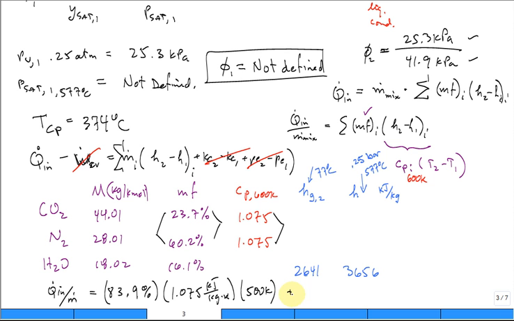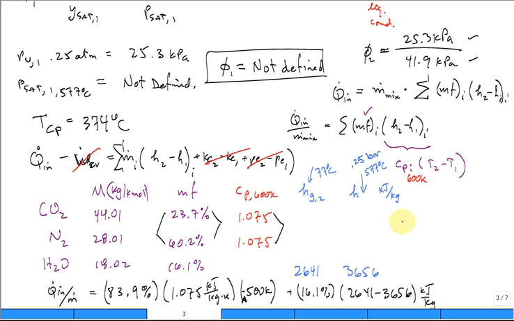And then you have the rest of it, 16.1% times the difference in the enthalpies. I just realized that both of them are going to be heat removal, so I need to probably put a negative on that. So it's going to be a negative Q dot_in, and it'll be 2641 minus 3656 kilojoules per kilogram.